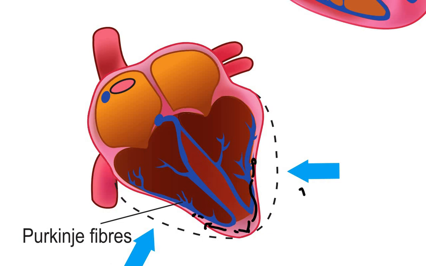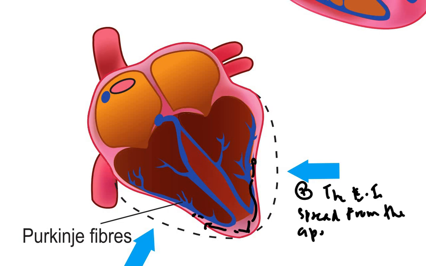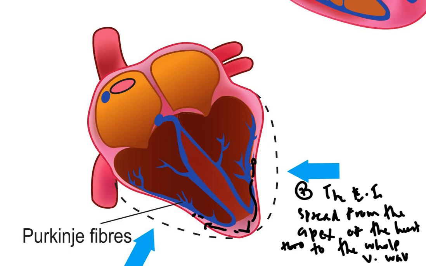So as number 7 here, what happened? The electrical impulse spreads from the apex of the heart to the whole ventricle wall. So the impulse here will spread to the whole ventricle wall.